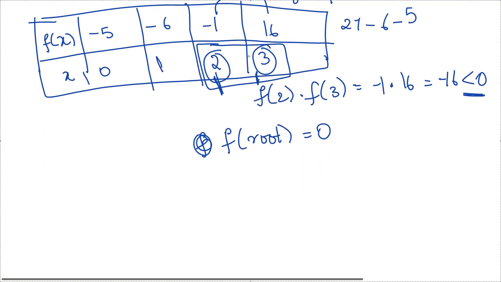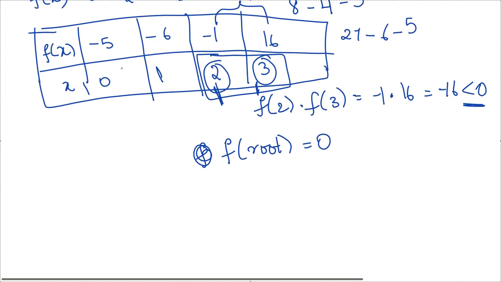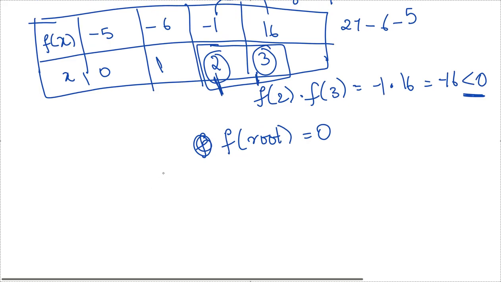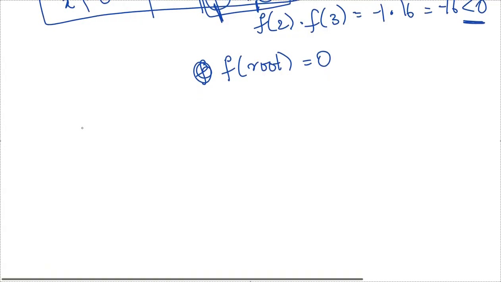Okay, so now let's start with an example and understand how we can solve the question. So our question is x cube minus 2x minus 5 is equal to 0. Now let's draw a table, and here let's put the value as i.